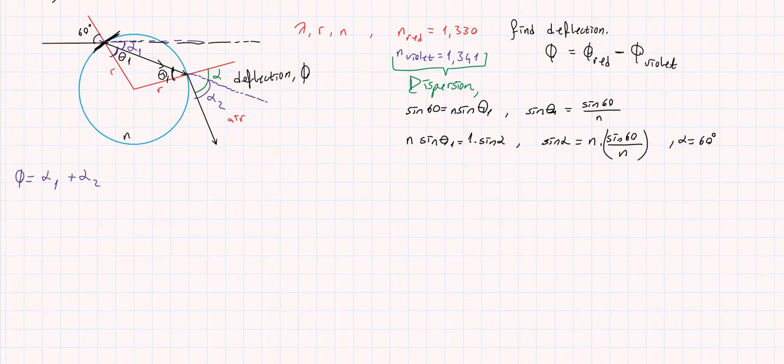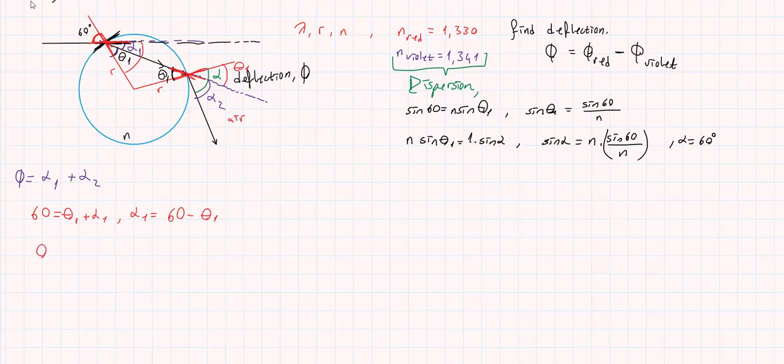As in here, you can see this x, right? So geometrically, this angle is equal to 60 degrees. These two angles are equal to each other. So I can say that 60 is theta 1 plus alpha 1, then alpha 1 equals 60 degrees minus theta 1. In here, again, as you can see, there is an x, so this angle is theta 1.